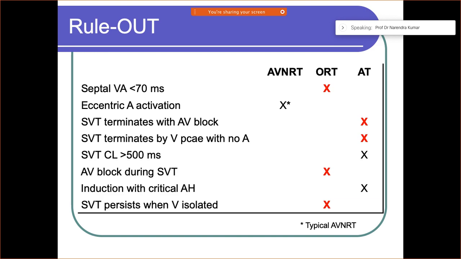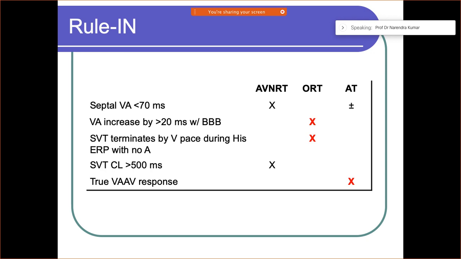And if you're able to induce a tachycardia with a critical AH, that is the time you rule out atrial tachycardia, of course, because it's not dependent upon that. Similarly, if you're able to isolate the V, and the tachycardia is still persisting, that's what you try to rule out as ORT.